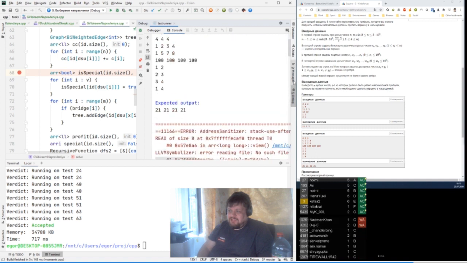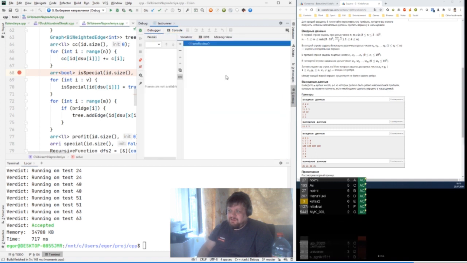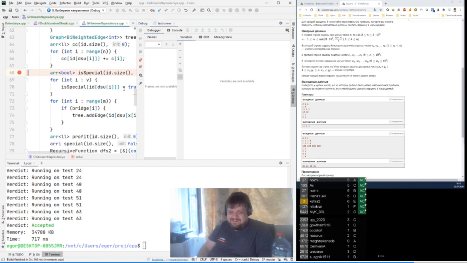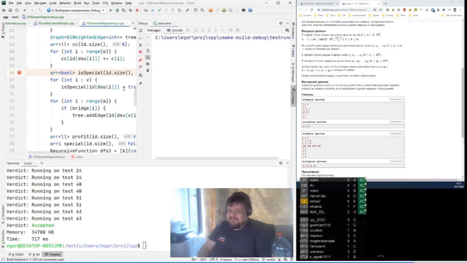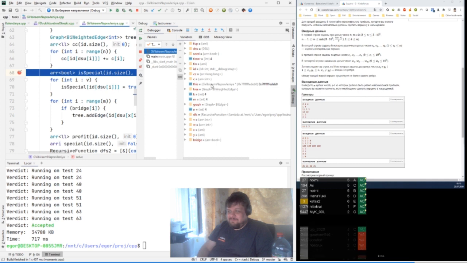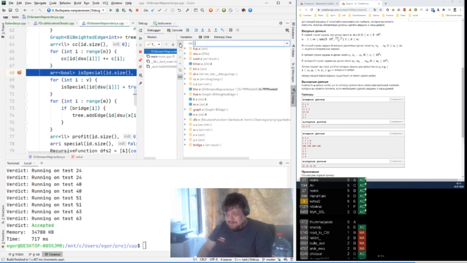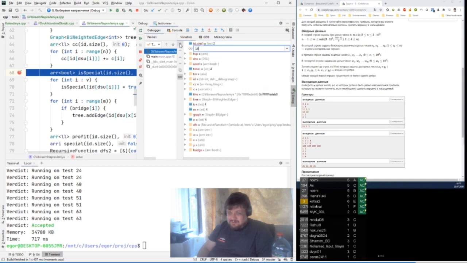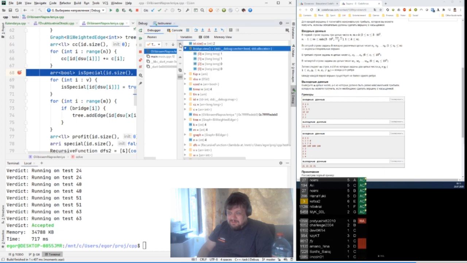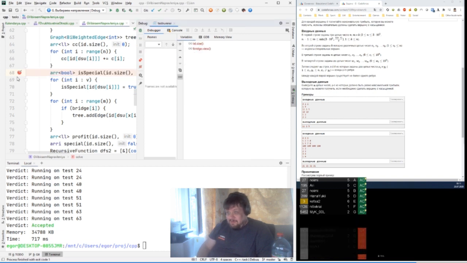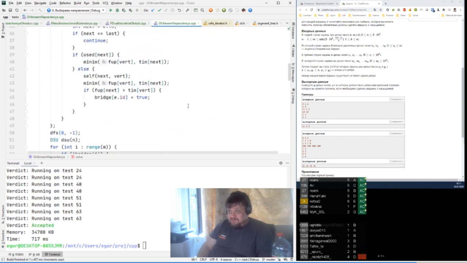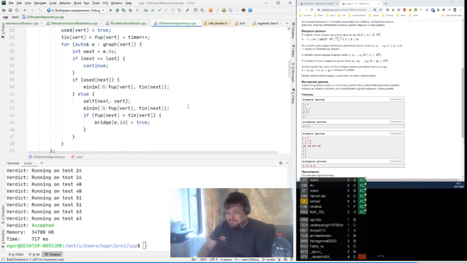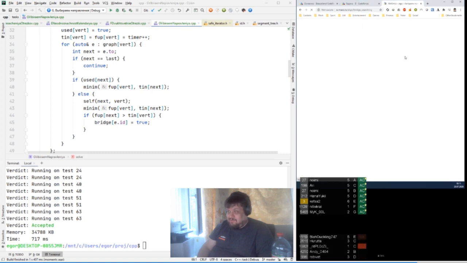Here we have a crash because of debug watches. Happens sometimes in C++. Here we have a cycle, but two of the vertices somehow are bridges.